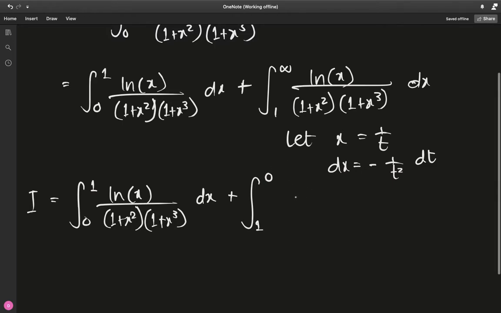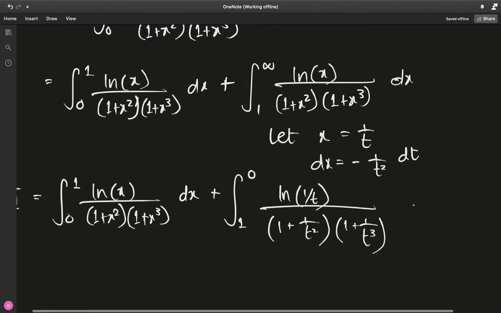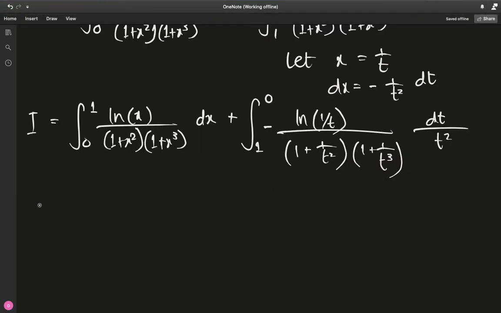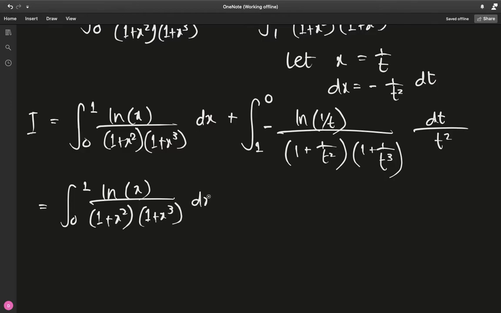And the natural log of x can be written as natural log of 1 over t over 1 plus 1 over t squared times 1 plus 1 over t cubed, and then this dx factor is the negative dt over t squared. Now the first integral stays as it is, 1 plus x squared multiplied with 1 plus x cubed dx.